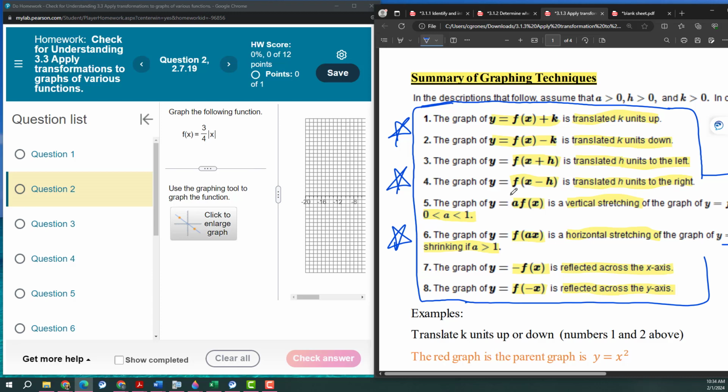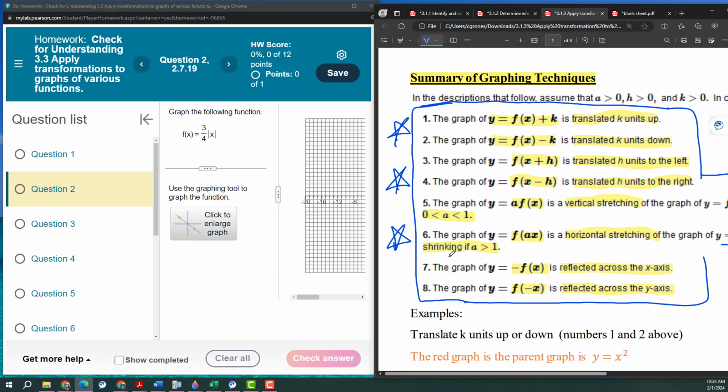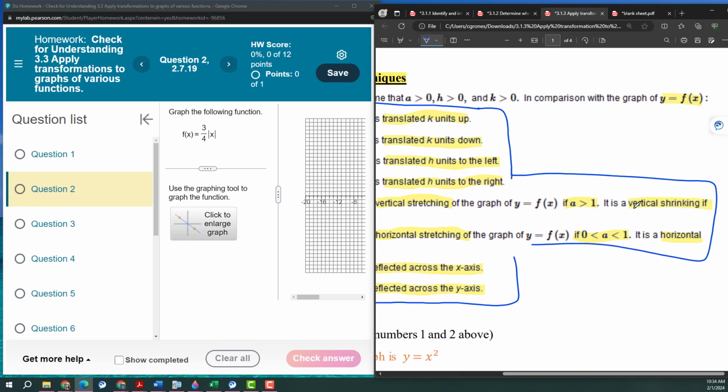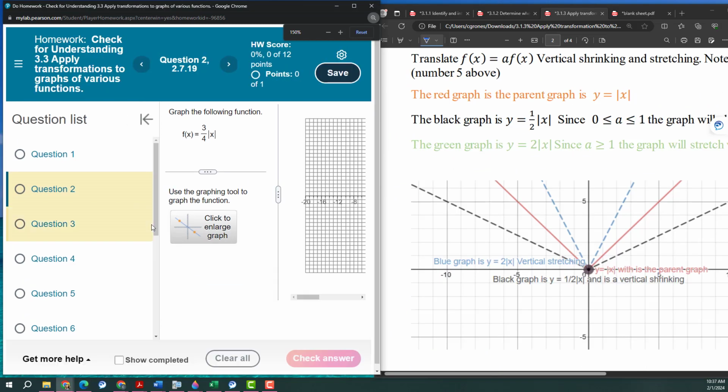So we have an a in front of our function. If we look at our rules, if a is between 0 and 1, so if a is a fraction, which it is, then we're looking at number 5. Then we are going to do a vertical shrinking.